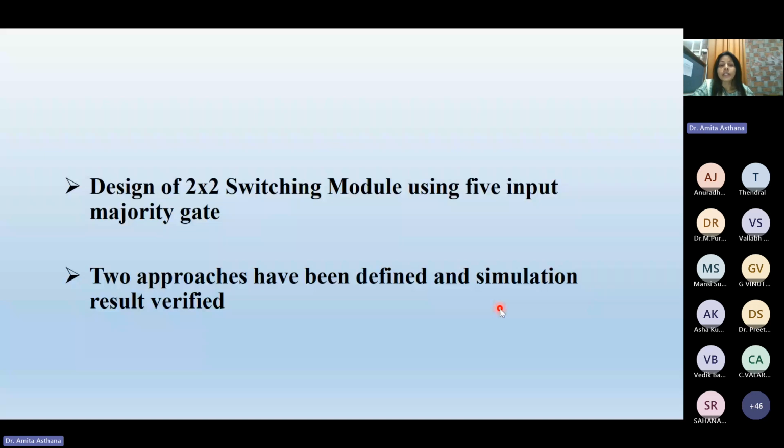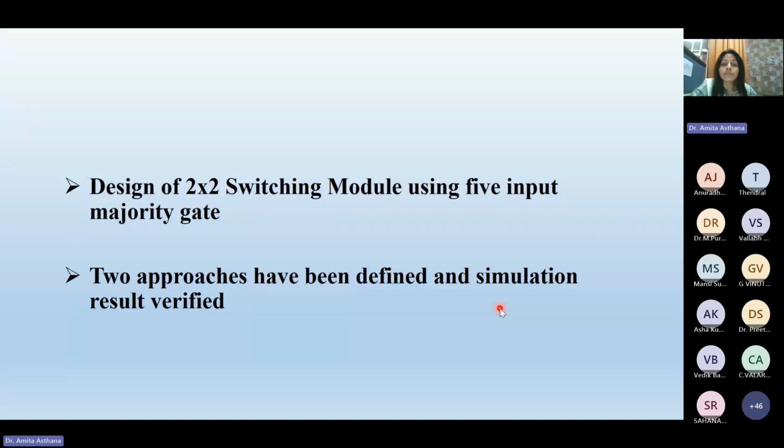So not only one design is possible, but a number of designs are possible if we employ a 5-input majority gate. Here two approaches are being presented for designing the 2x2 switching element, which can be further extended, obviously, to 4x4 and 8x8 and so on.